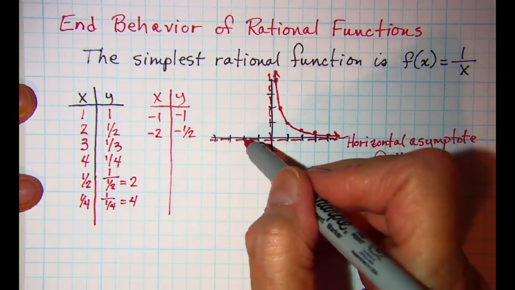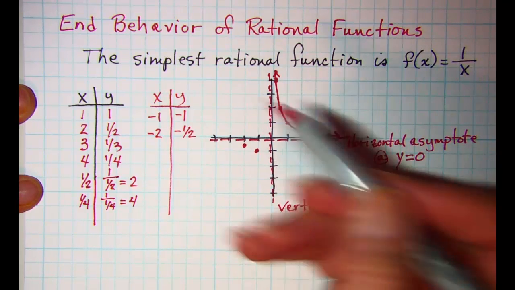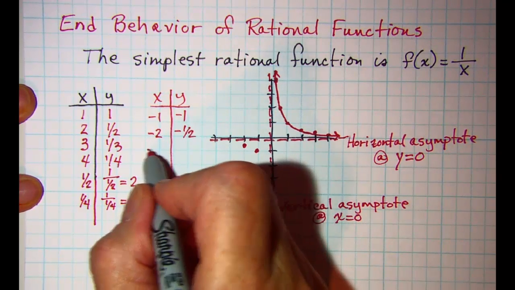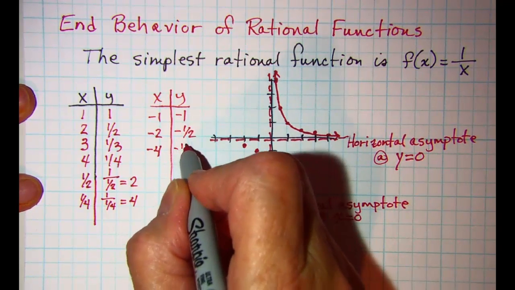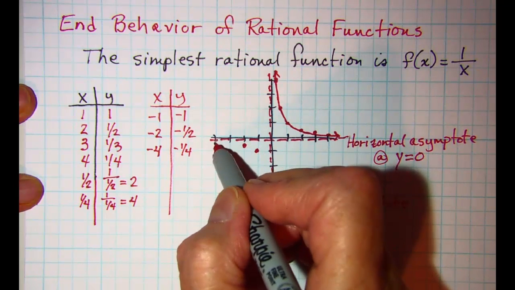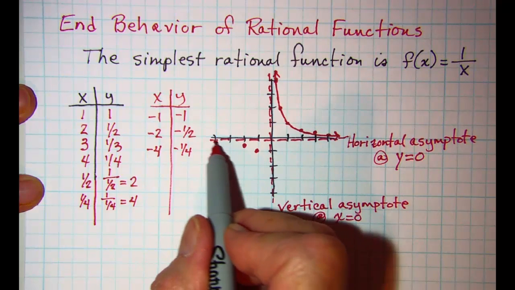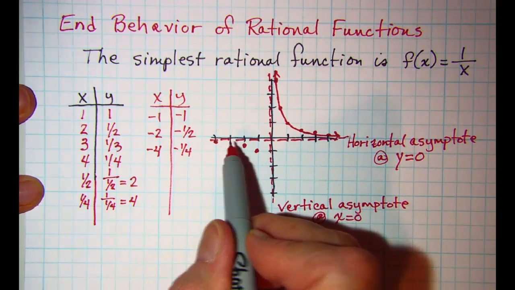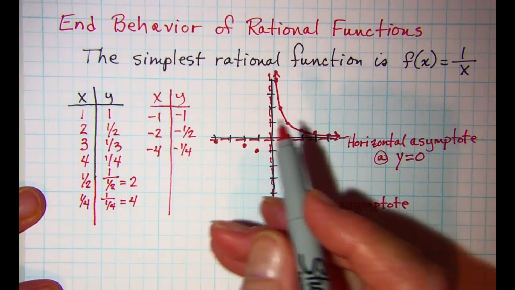So x is -2, y is -1/2. When x is -4, y is -1/4. So again, we have that curve that's getting closer and closer to the axis, but never touching it.